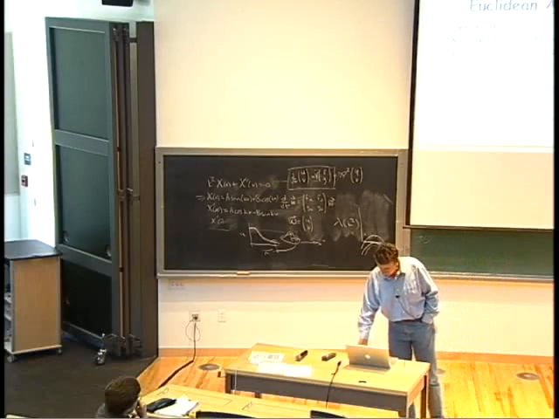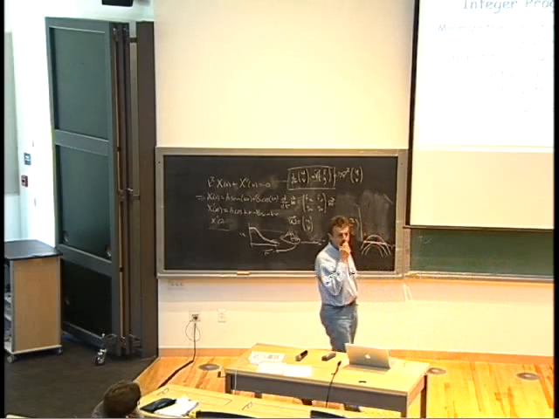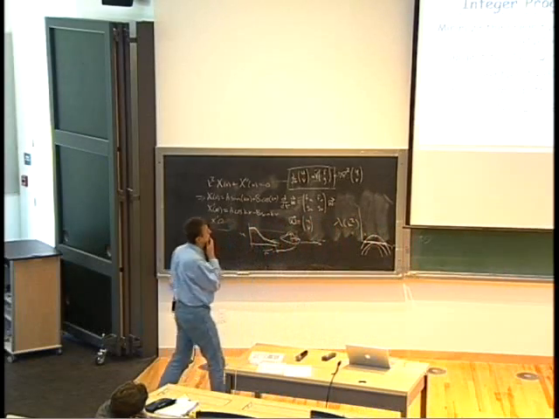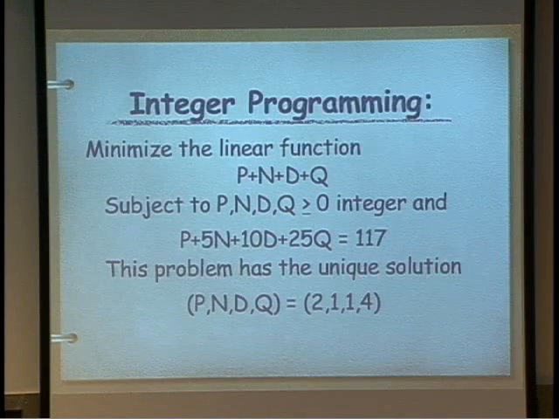Let's do an integer programming example. I talked about linear programming, and here I'm going to require that the unknowns are actually integers. So let's look at the following problem.